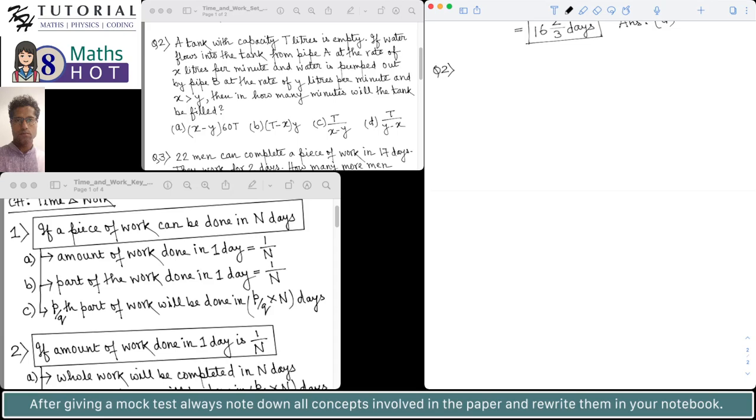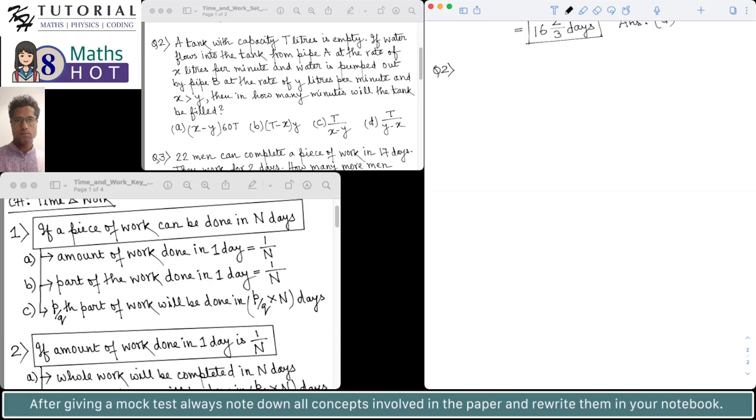The inlet tap, that is pipe A, is filling the tank at the rate of X liters per minute. Now we have to somehow convert the information that X liters per minute into the work done. Remember that in time and work, work done is always a fraction, a part of the whole work.